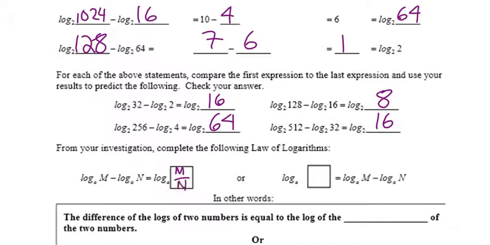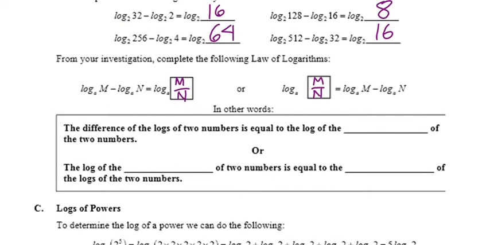Log base a of m over n is equal to log base a of m minus log base a of n. The difference of the logs of two numbers is equal to the log of the, fancy word for division, the result of a division is called a quotient, of the two numbers.